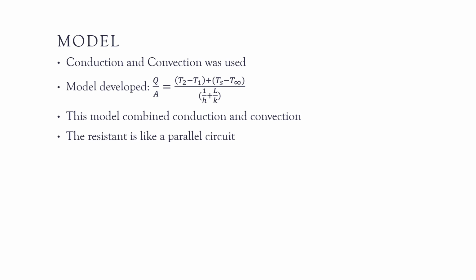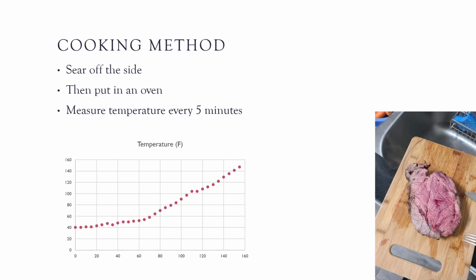This equation is similar to a parallel circuit, where the resistance at the bottom is divided by 1. Using this model, I believe you can predict the heat transfer and the cooking rate of the meat.